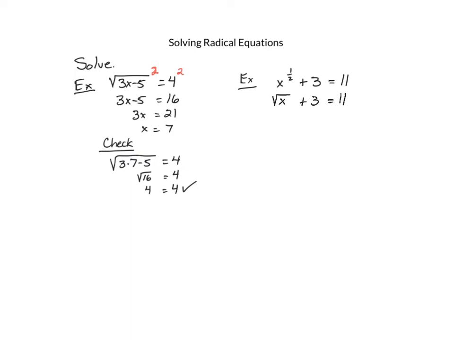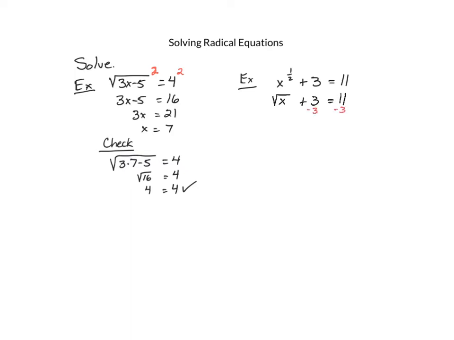So when we're solving this equation, we need the square root to be by itself on one side, so that if we square both sides, the radical sign will be gone. So in fact, we need to subtract the 3 first.